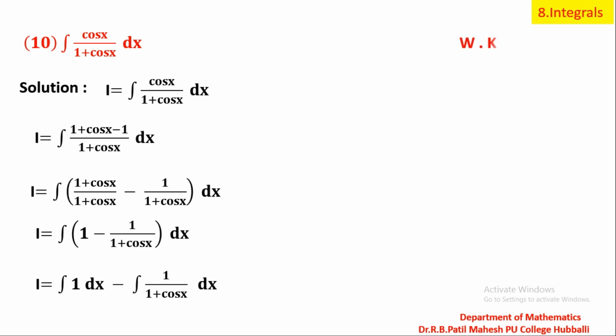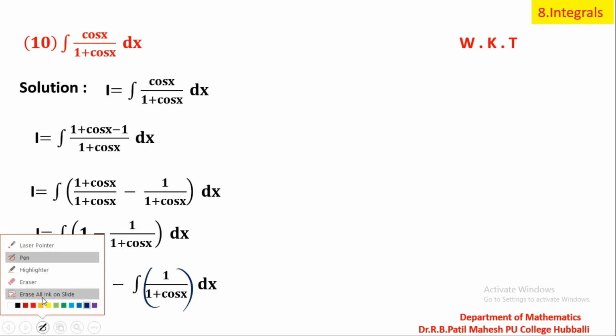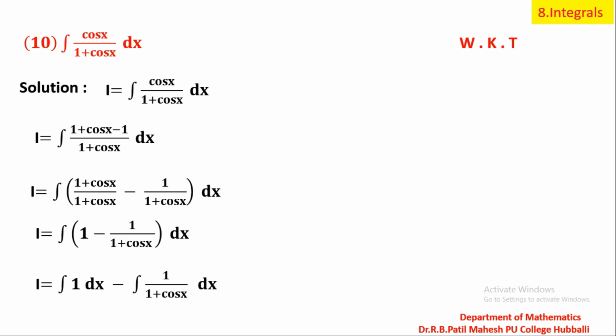Students, this you will get easily, integration of 1 with respect to x is x. But what about 1 upon 1 plus cos x? That's why I am taking a formula we know: 2 cos square x equal to 1 plus cos 2x. If I want the half angle, 2 cos square x by 2, then definitely it will be 1 plus cos x.